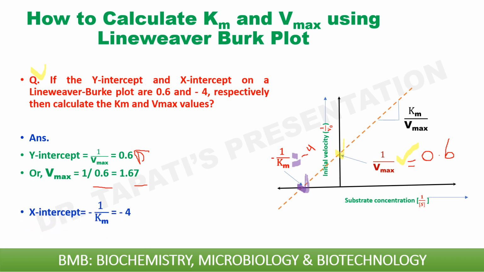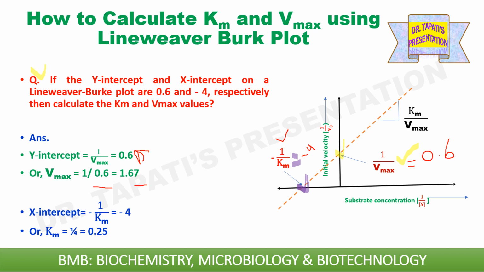Now the x-intercept is minus 4, that is equal to minus 1 by Km, or Km is equal to 1 by 4, that is equal to 0.25.